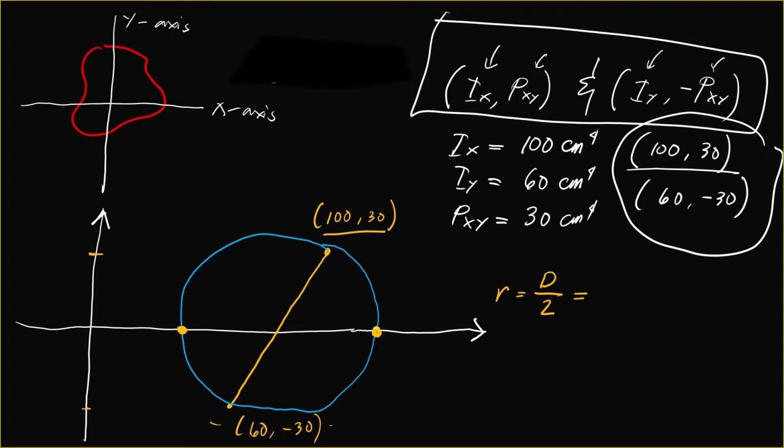Using what we call the distance formula. Diba? The distance formula will be 100 minus 60 squared plus 30 minus negative 30, so magiging plus 30 na, diba? Squared again, then over 2 para makuha natin ang radius. So the radius will be, 36.0555, and change.